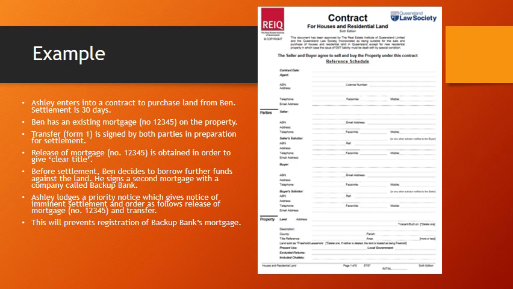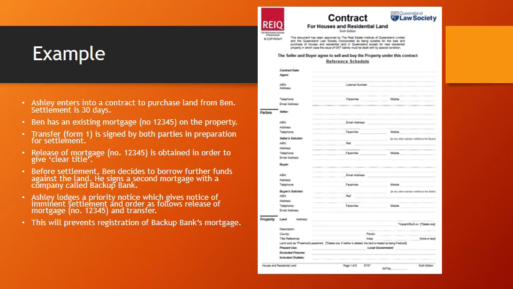So this other mortgage to Backup Bank couldn't then be registered by stealth, right? And her priority notice will essentially set out the release of mortgage and then the transfer.